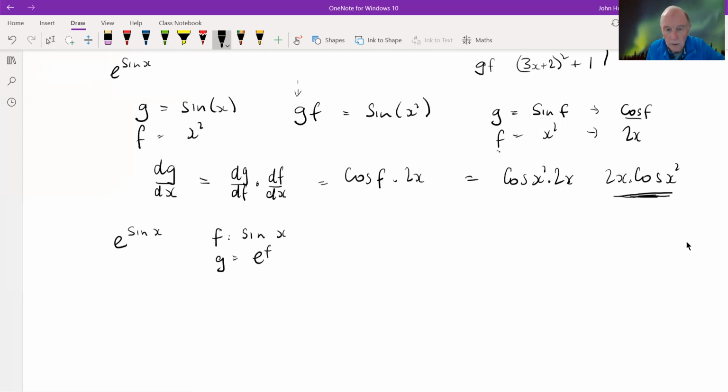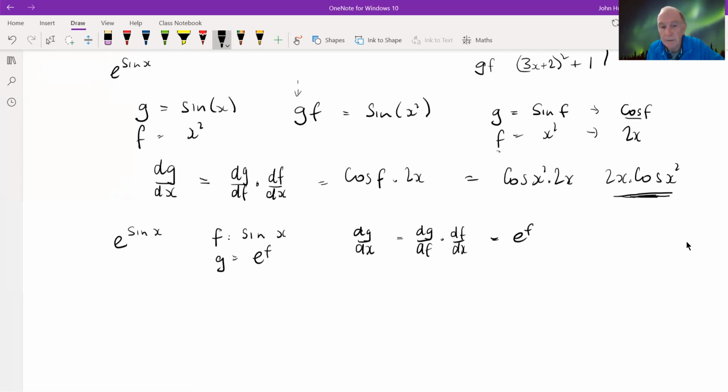Okay, so now, dg/dx, that's what we're trying to find. We're trying to find how this function g varies with x. It is going to be equal to dg/df times df/dx. So dg/df: we can see that g is equal to e to the power of f, and e has this property, doesn't it, that it differentiates to itself.